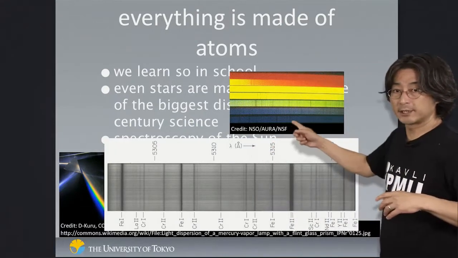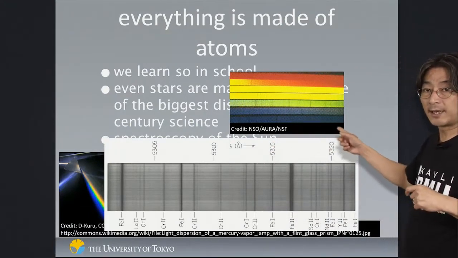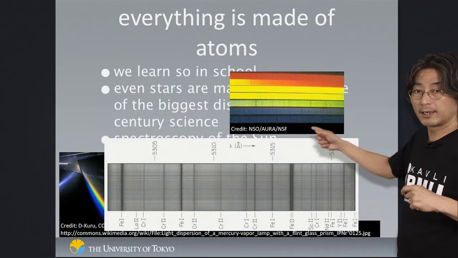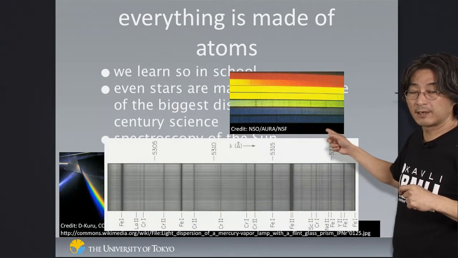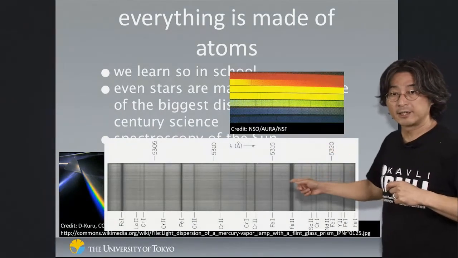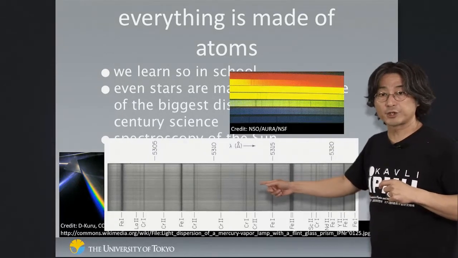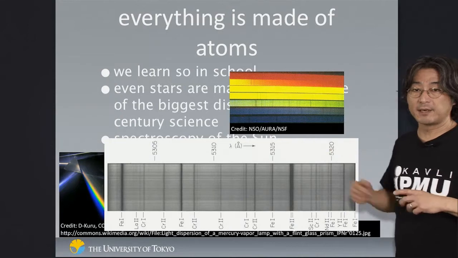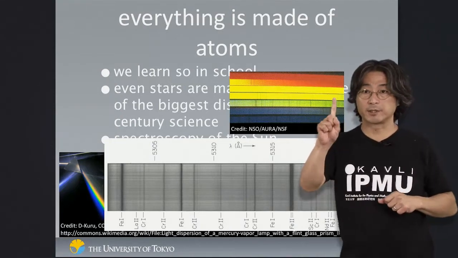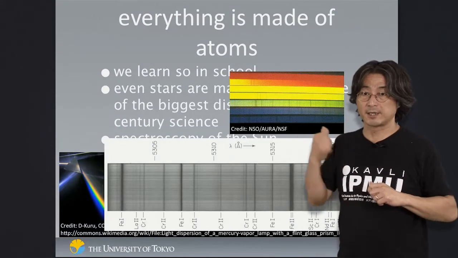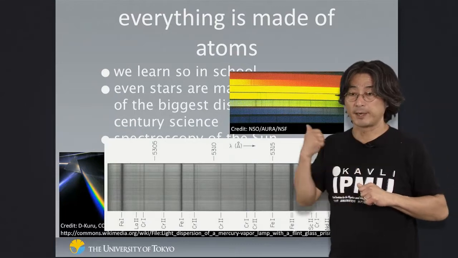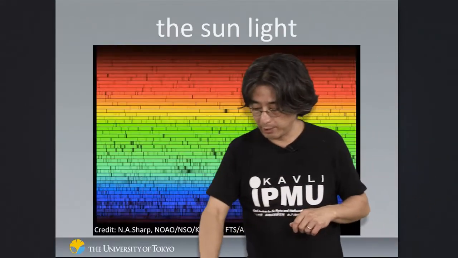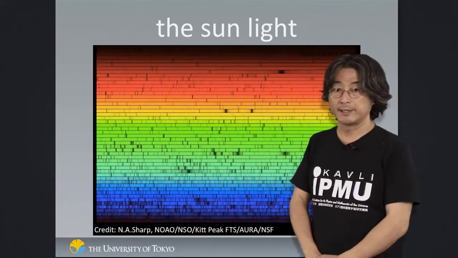So once you see these missing black lines in the sunlight, you can look at the particular color of these missing lines and say, aha, this is iron, this is chromium, and so on. In some sense, these missing lines are like fingerprints of chemical elements that exist inside the sun. So by studying these missing lines, you can tell what the sun is made of.